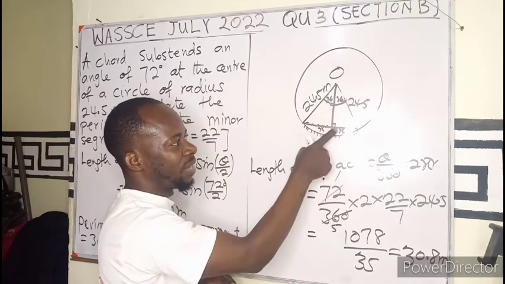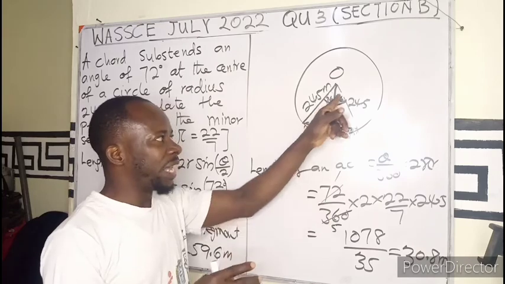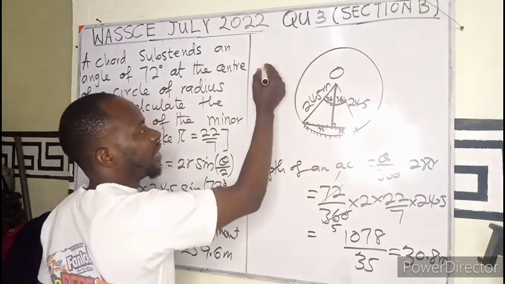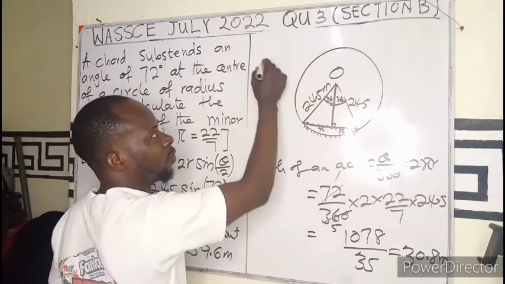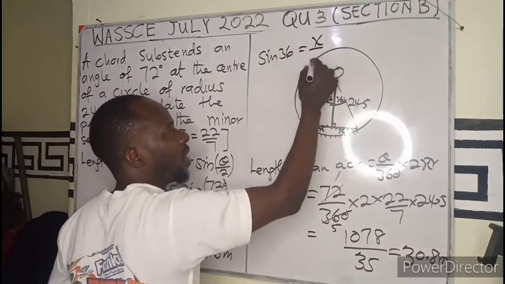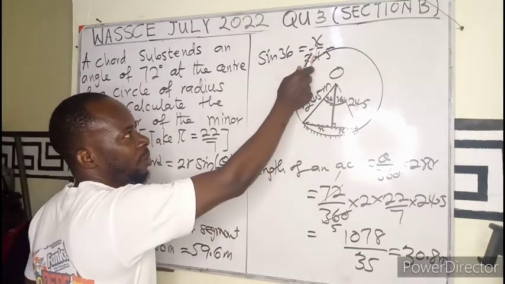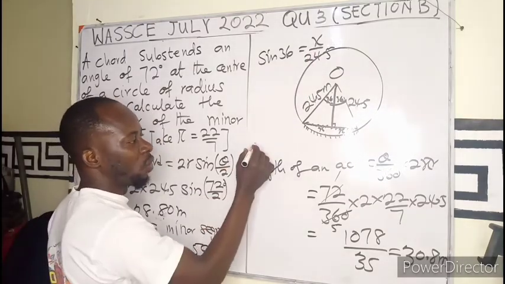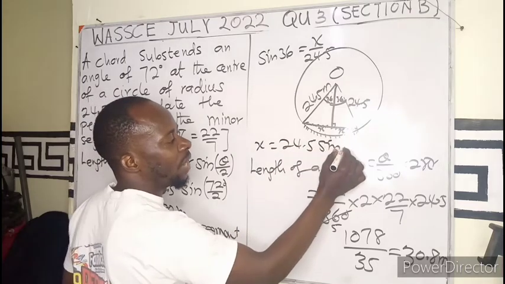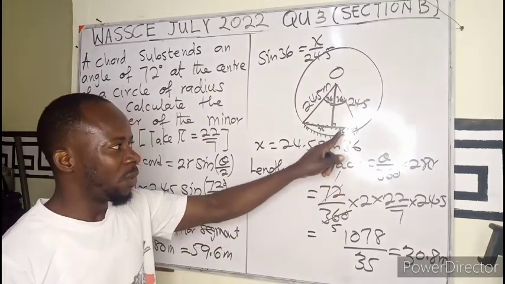Using Pythagoras theorem, I'll be able to find this if I know this. But since I'm having two unknowns, I'll use the trig ratio, which will be sine, opposite over hypotenuse. If I'm looking for this, sine 36 equals x over 24.5. If I'm looking for x, I'll cross multiply. So x is going to be 24.5 sine 36 for this.